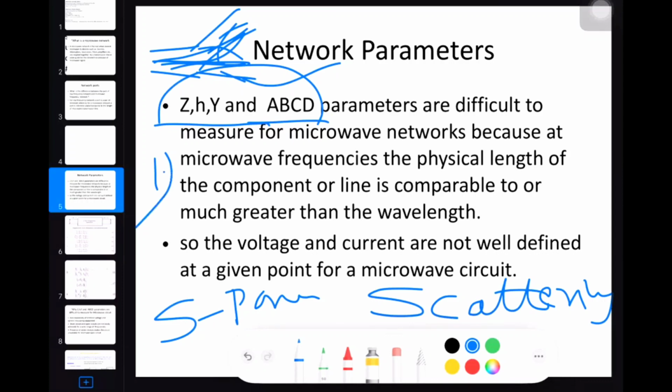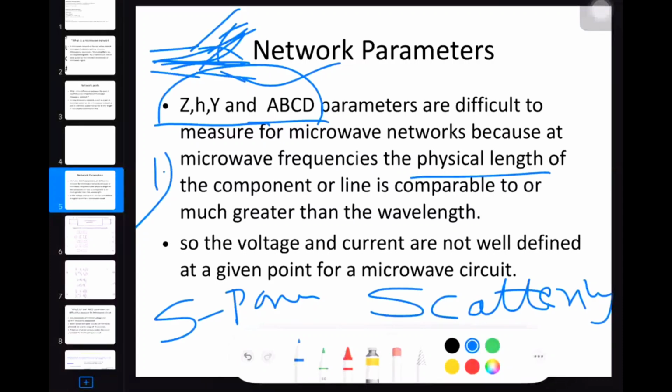Whenever we take a microwave device, the physical length of the device is very high compared to the wavelength, and the frequency of the signal traveling is also high. And whenever the frequency propagating in the device is high, it is not easy to analyze the current and voltage parameters for a microwave structure. Okay, so that is the first reason.